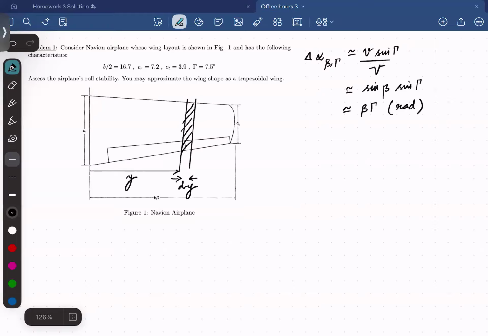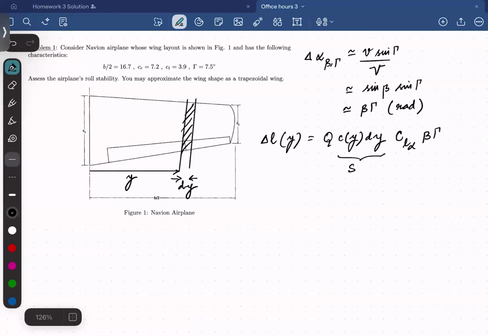So we are getting into calculus. Then we try to find the change in lift at this location y. It will be straightforward: the dynamic head at that point, the chord at that point, which is a function of y, times dy. This is your S, or platform area, for this small strip of the wing. And then you multiply by CL alpha times beta gamma.